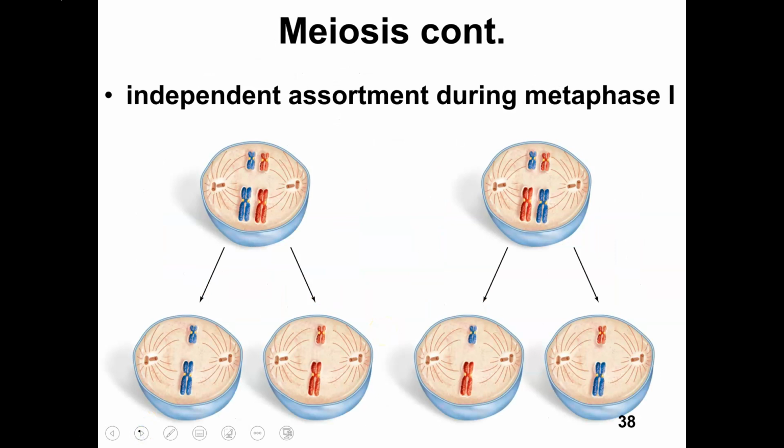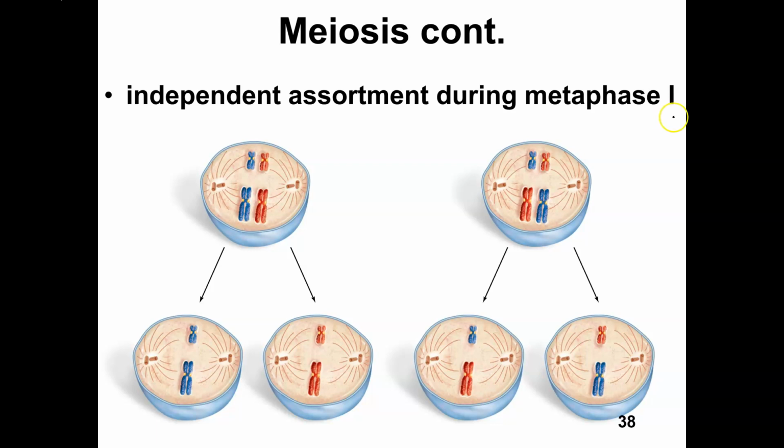The other thing that increases unique characteristics or increases genetic diversity is independent assortment. So independent assortment basically means that chromosomes line up independently of all other chromosomes. So homologs will always line up together at the metaphase plate.